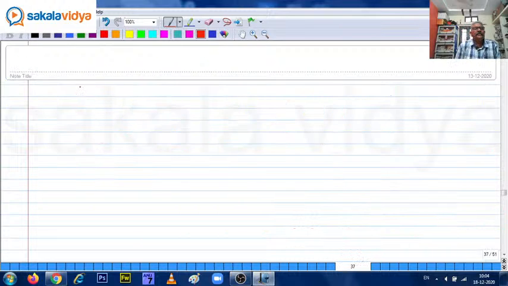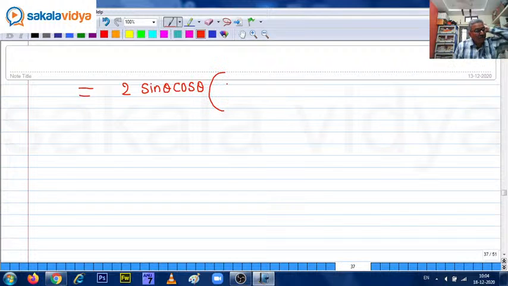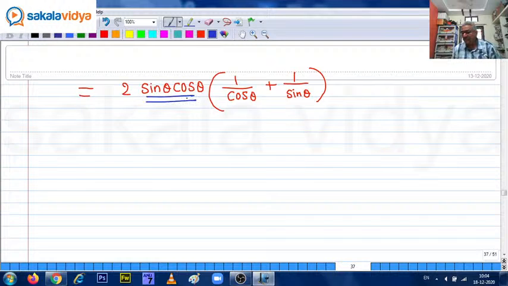Next step. This we can write 2 sin theta cos theta multiplied by what we have, sec theta. Sec theta can be written 1 by cos theta. Cosec theta we can write 1 by sin theta. Open the bracket. Open the bracket means multiply each term with this sin theta cos theta. So we get like this.